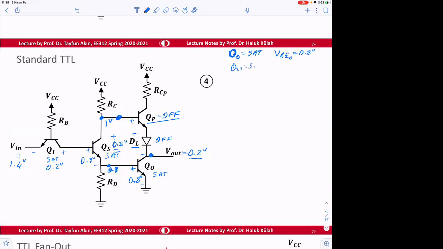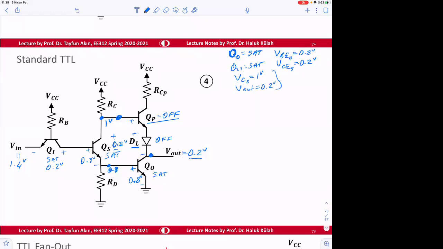QS is SAT, so the collector emitter of splitter transistor is 0.2 volt. So therefore the collector of splitter transistor is equal to 1 volt, and then V out is 0.2 volt.